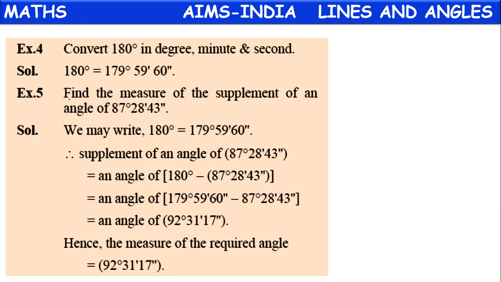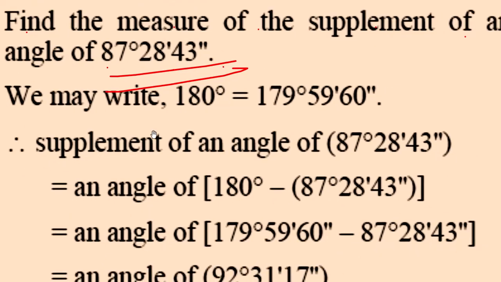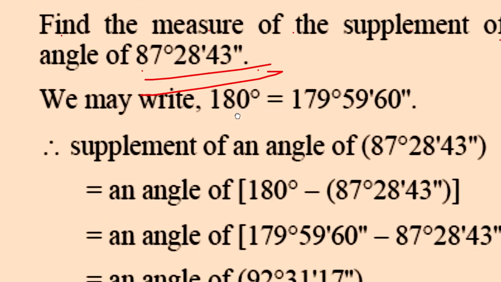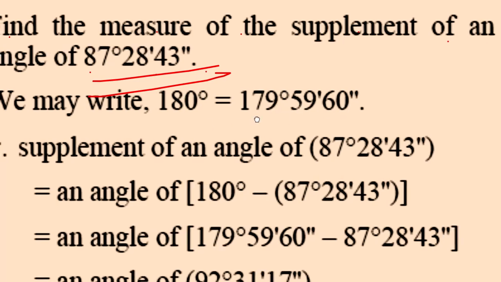Next, find the measure of the supplement of an angle 87 degrees, 28 minutes, 43 seconds. We can write 180 degrees as 179 degrees, 59 minutes, 60 seconds.